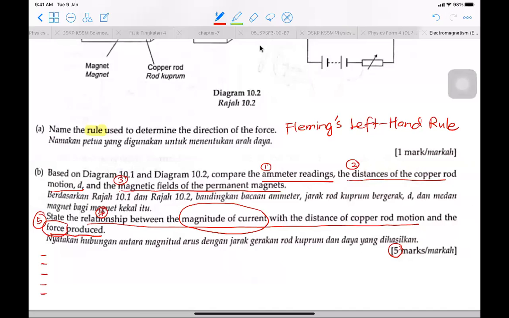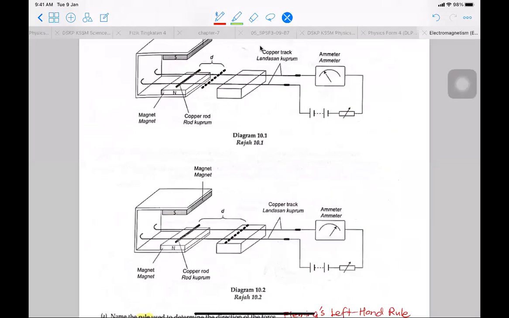So the first point is comparing this one. Compare the emitter readings. Number 1. So you should start with the aspect, the emitter reading. Okay, try to compare the emitter reading in both diagrams.